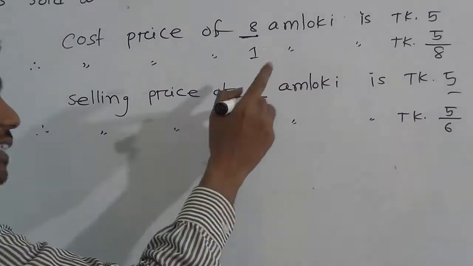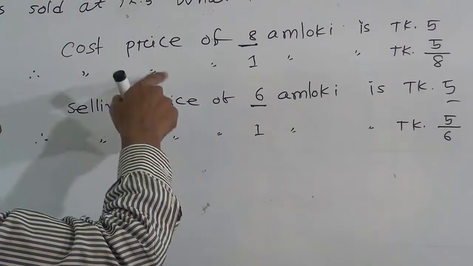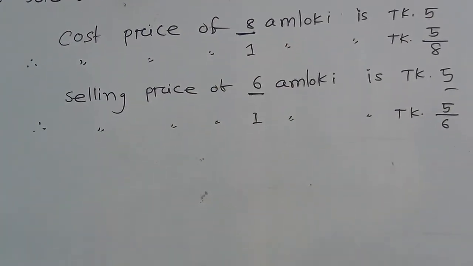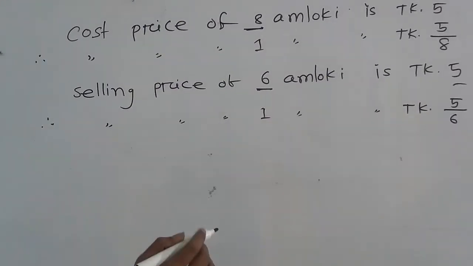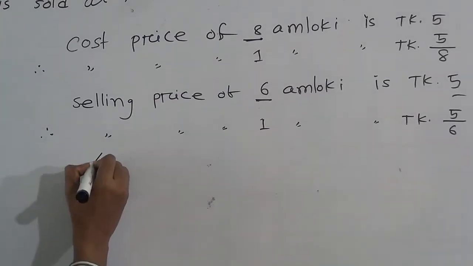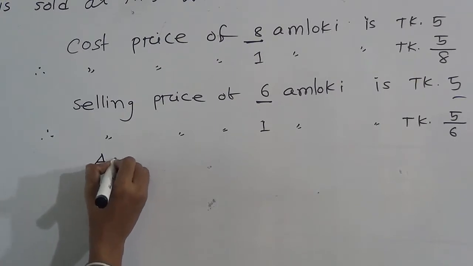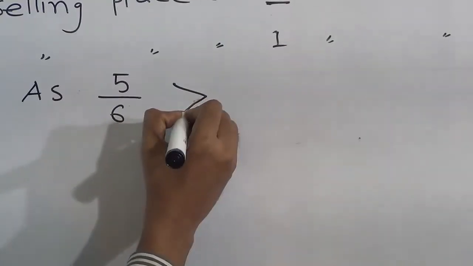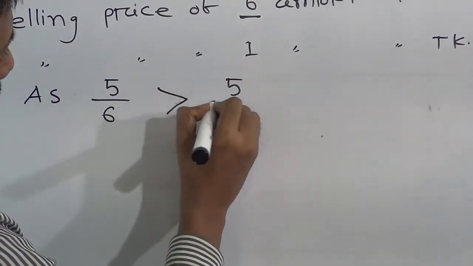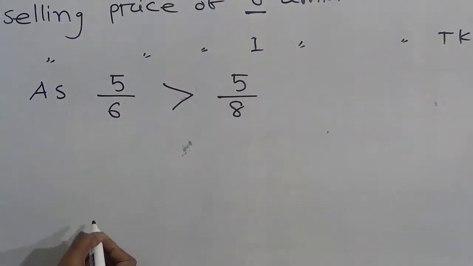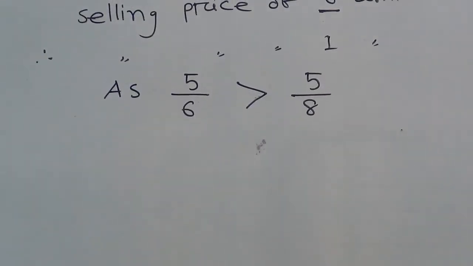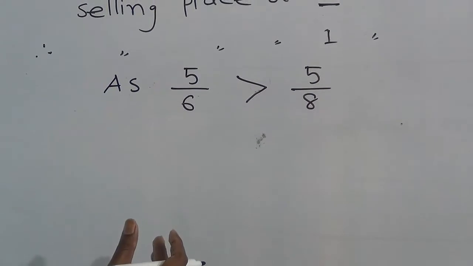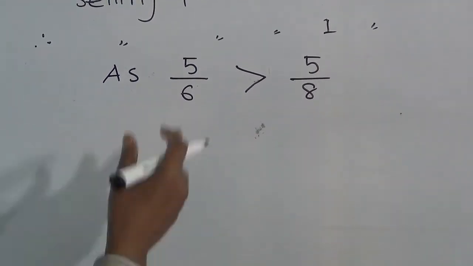Now write: as 5 by 6 is greater than 5 by 8, selling price is more than the cost price, so this is the profit.